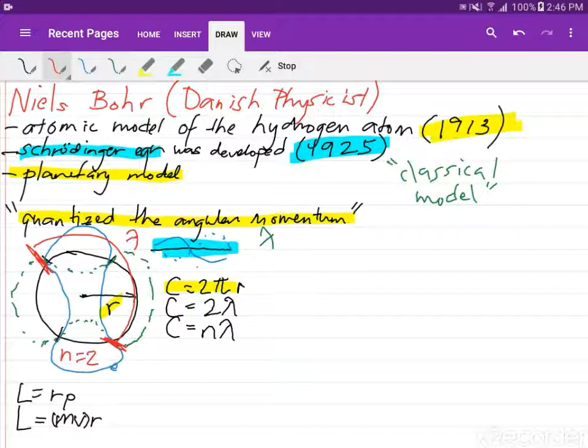Okay, so now we have a relationship n lambda equals 2 pi times the radius. So we have now expressed lambda in terms of the radius of its orbit. So this is lambda equals 2 pi r over n.